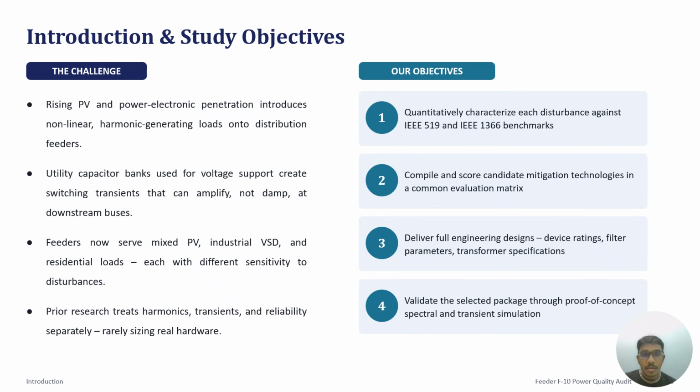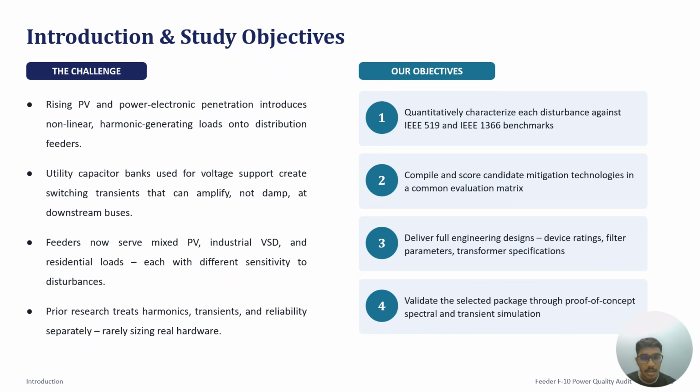So why does feeder F10 need this kind of audit? The rising PV and power electronic penetration is introducing nonlinear, harmonic-generating loads onto the distribution feeders. At the same time, the utility capacitor banks installed for voltage support create switching transients.